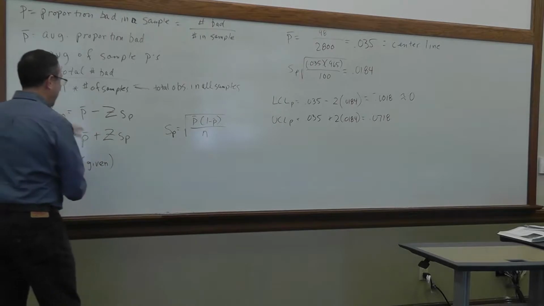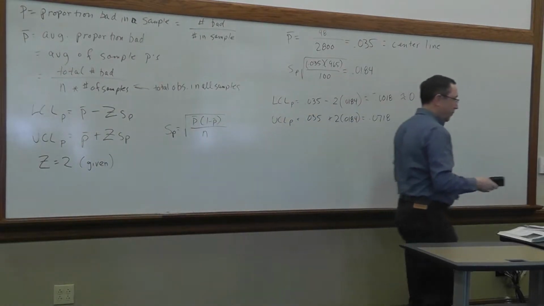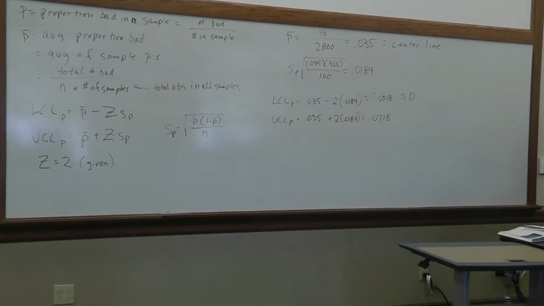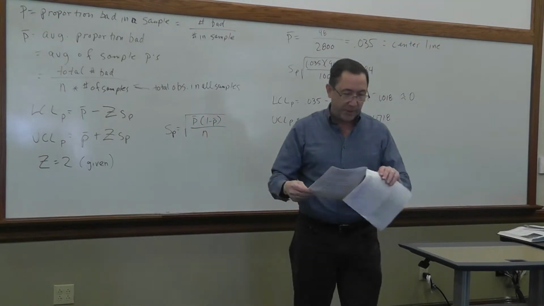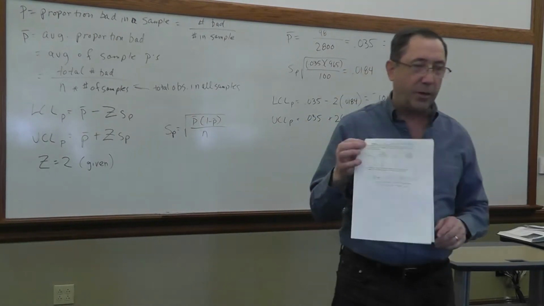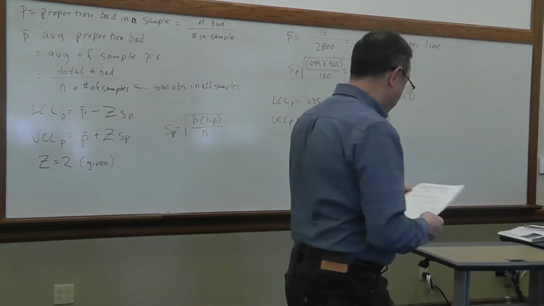So, I'm going to leave all of this up here, because if we flip to the next page, I think this is going to be our last bit of calculating. I got a couple more. You flip to the next page, you've got number 23 from the back of the chapter.